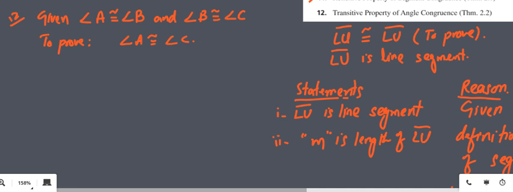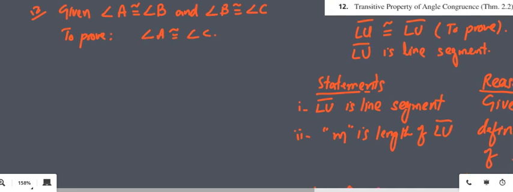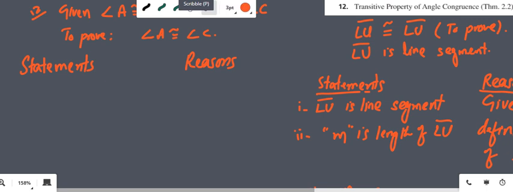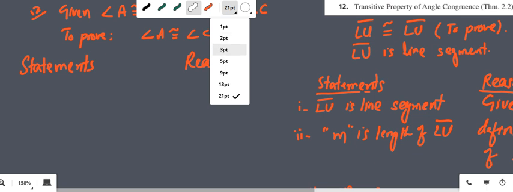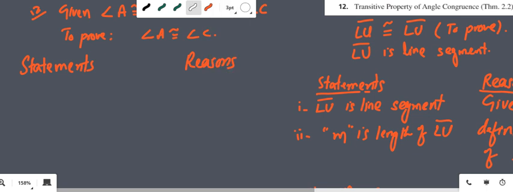Now see how I can prove it. On the left side, we will have statements, and on the right side, we have reasons. Is it clear?